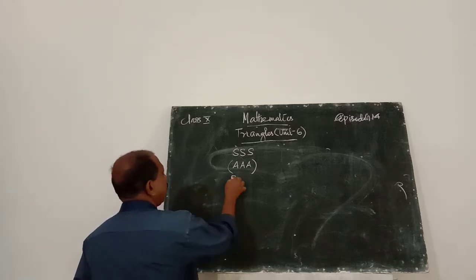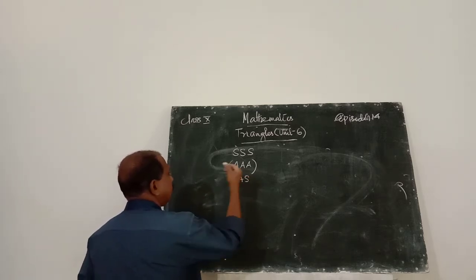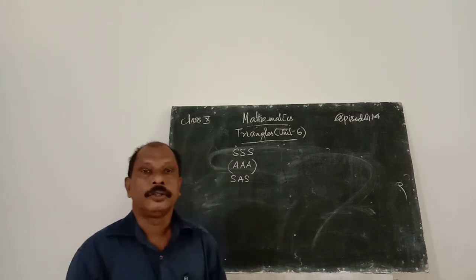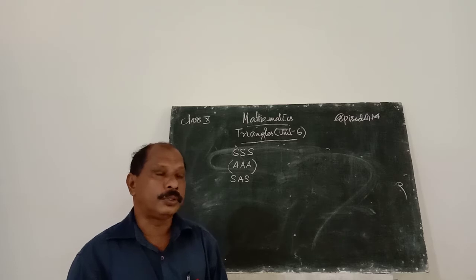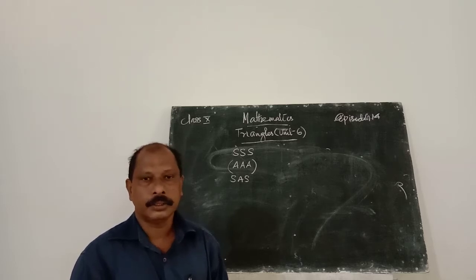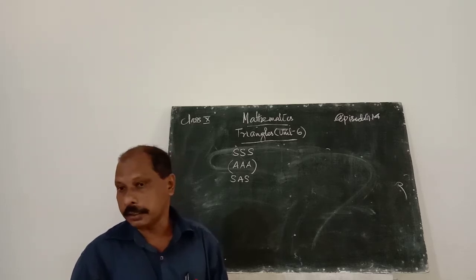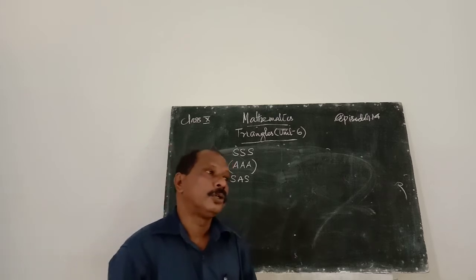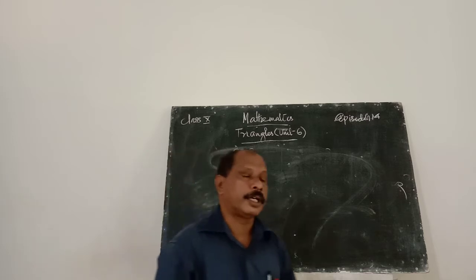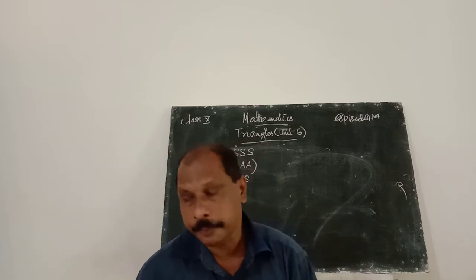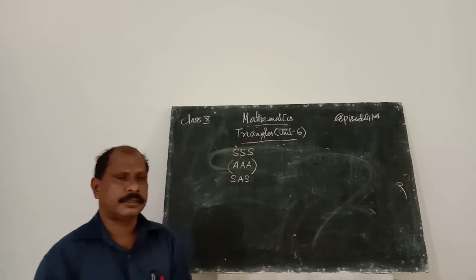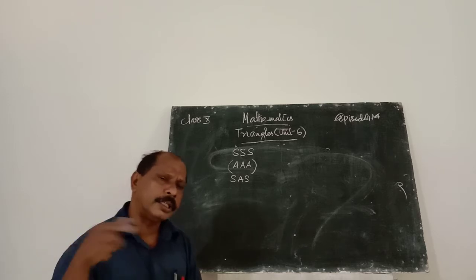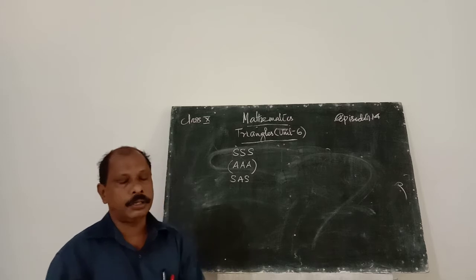Then SAS criteria. What is SAS criteria of similarity? Two sides of a triangle are proportional to the corresponding two sides of another triangle, and their included angle between the sides are equal.